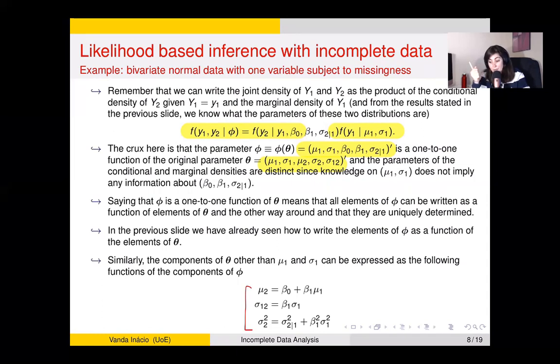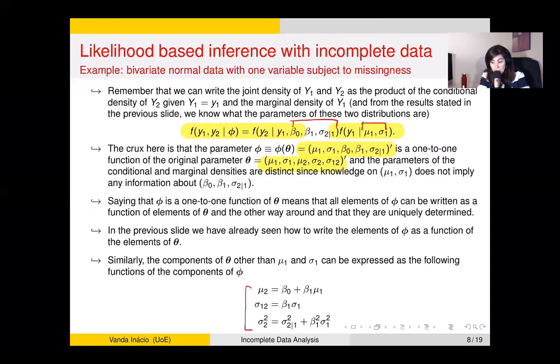Okay, and further, and this will also be very important, the parameters of this factorization, this one, mu1, sigma 1, and beta 0, beta 1, and sigma 2 given 1, they are distinct. And why?